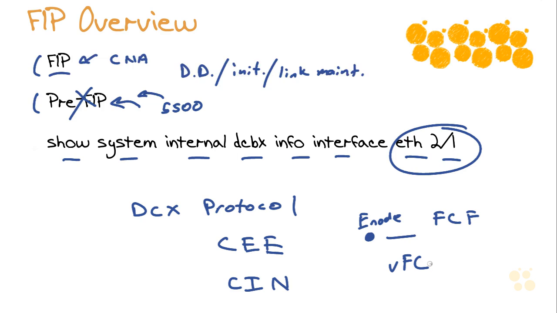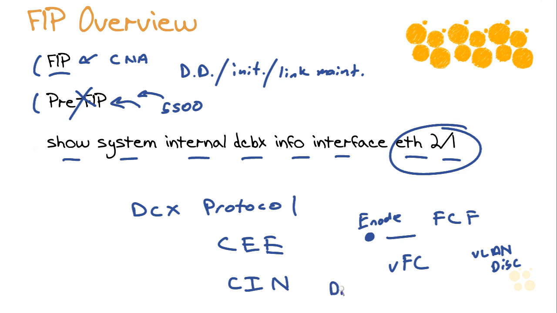First is FIP VLAN discovery. Discovery of the Fibre Channel over Ethernet VLAN is used by all the other FIP protocols as well as by the Fibre Channel over Ethernet encapsulation for the Fibre Channel payloads on the established virtual link.